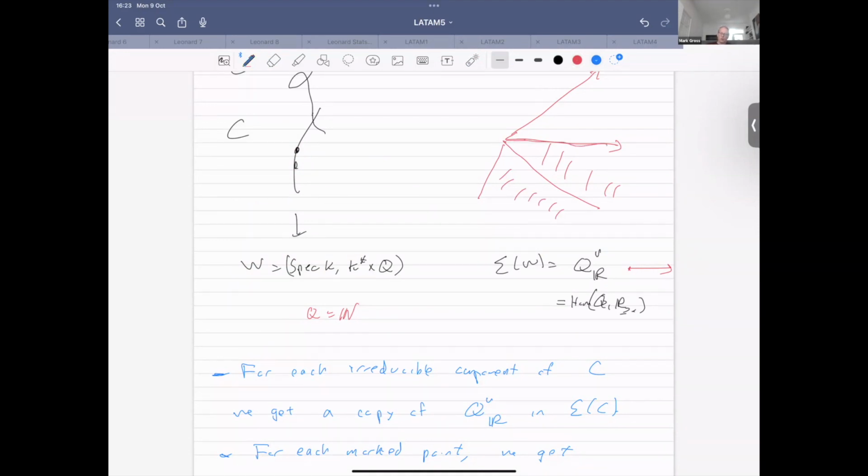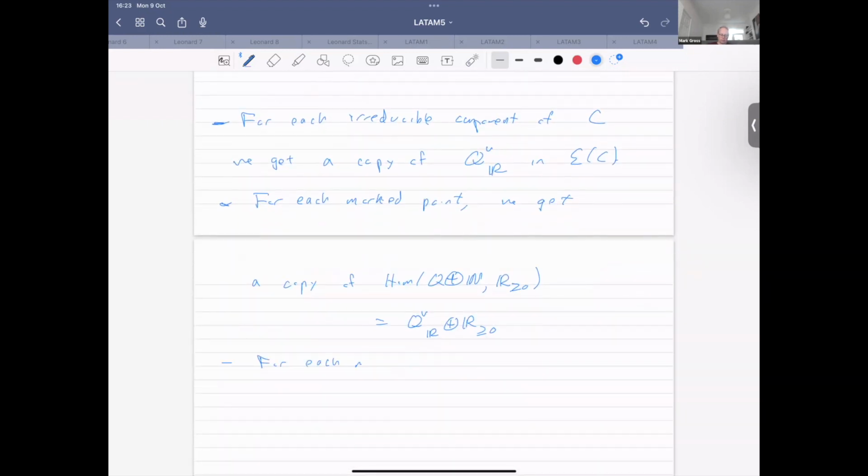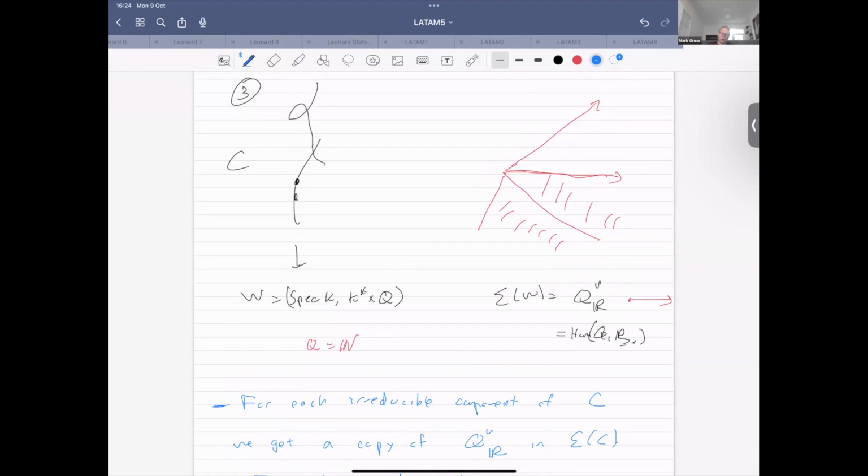Then finally, for each node, without going into the details of how to derive this, but it follows from this push-out description, we get a family of line segments over Q dual R. So we get something one dimension higher than Q dual R, and it has a map down to Q dual R, with fibers being line segments.